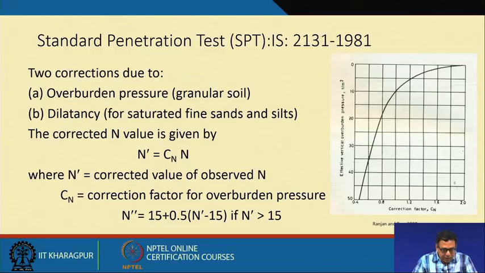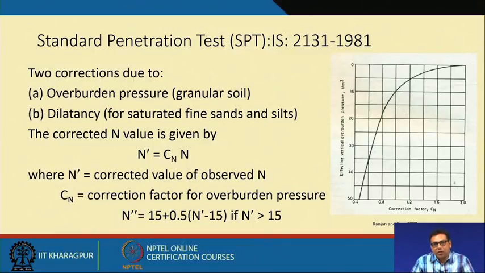So, now the corrected N value that you are getting. One correction is required for the overburden pressure, because in the soil in the upper portion the overburden pressure is less, but in the soil at great depth the overburden pressure is very high.